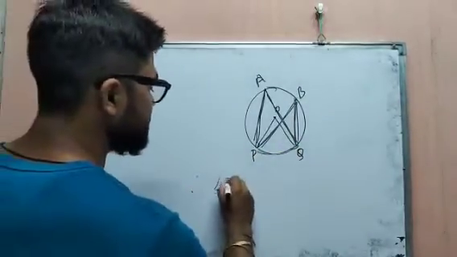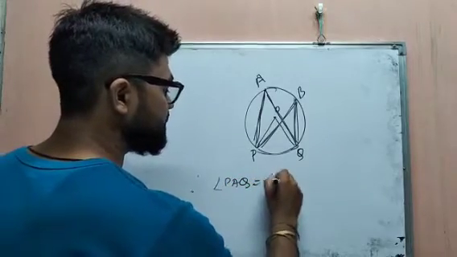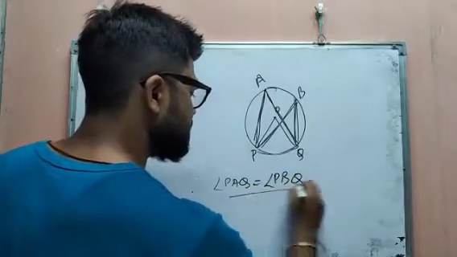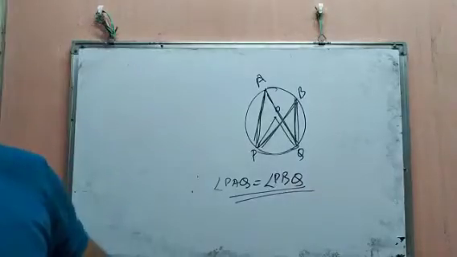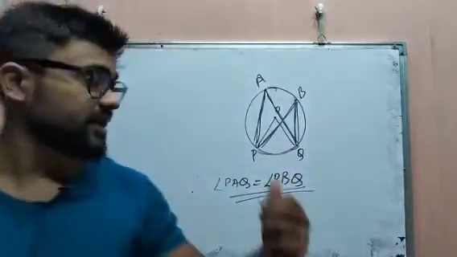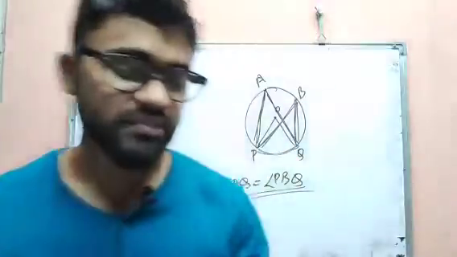Therefore, angle PAQ is equal to angle PBQ. These two angles will be equal because they are angles subtended by the same arc PQ. This is theorem 10.9.